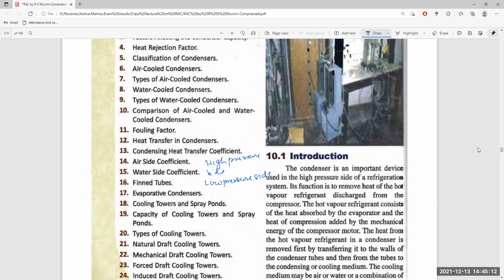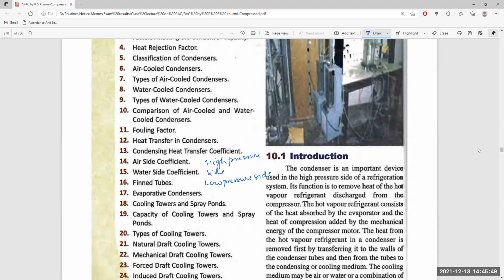The high pressure refrigerant is then sent to the expander or throttle valve, where the high pressure is reduced to low pressure. Actually, a phase change takes place in the condenser, where the high pressure, high temperature vapor refrigerant is condensed to liquid refrigerant.